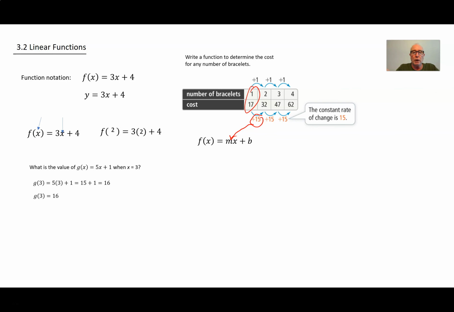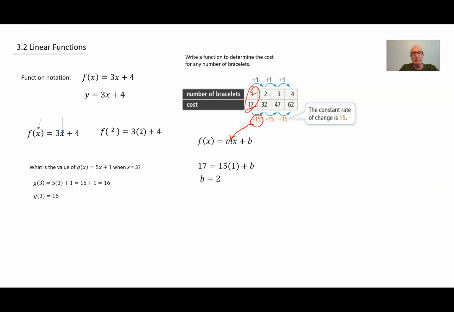So we're putting the 1 in for the x and the 17 in for the y, or the f of x. So 17 equals 15 times 1 plus b. 15 was the rate of change, 1 was the x value, 17 was the y value. Now 15 times 1 is 15, subtract 15 from both sides, and we get b equals 2.